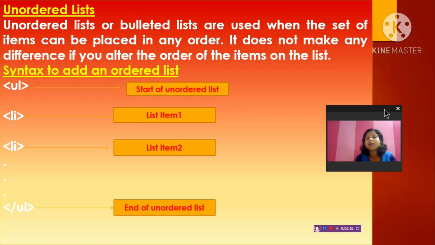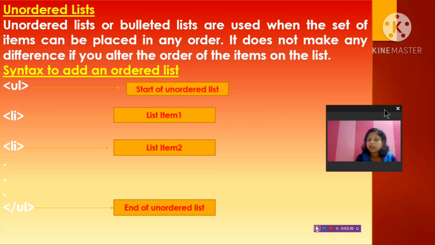Unordered lists, or bulleted lists, are used when the set of items can be placed in any order. It does not make any difference if you alter the order of the items on the list. One simple example: suppose you are writing the top 10 rank holders of the class.